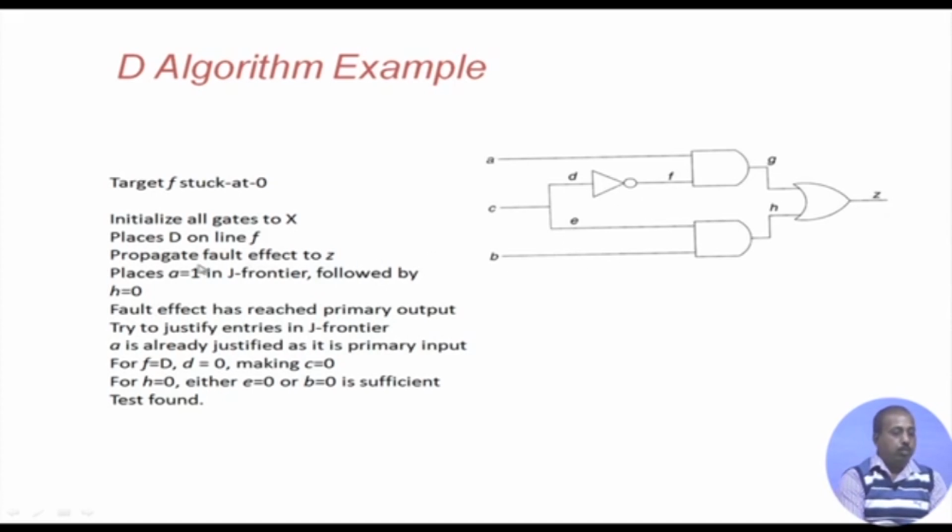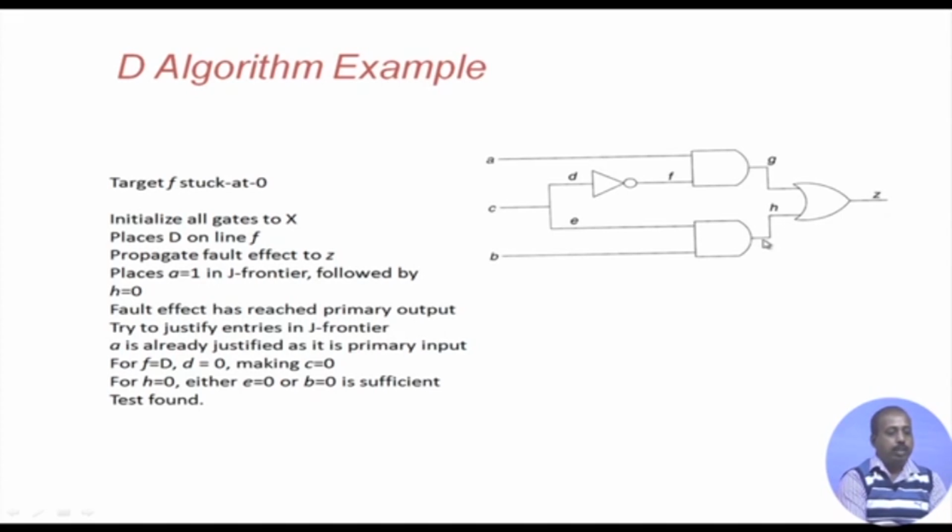Next part is to propagate the fault effect to Z. Line f is D, so this has to propagate through this gate G. As a result, A equal to 1 is added to the J frontier, so that this D propagates from F to G. After that, D has to propagate from G to Z, and for G to Z propagation I need the line H to be set to 0, so H equal to 0 will be added to the J frontier.